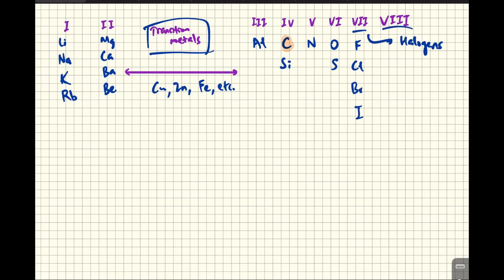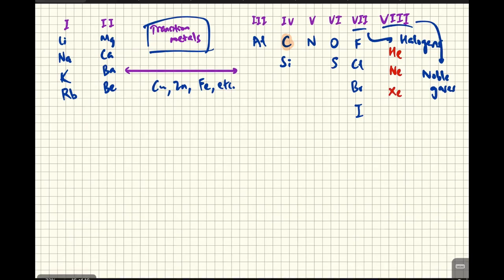And then in group 8, this is not so important in organic chemistry, but it's also good to know. You have what we call noble gases, so examples are helium, neon, and xenon.